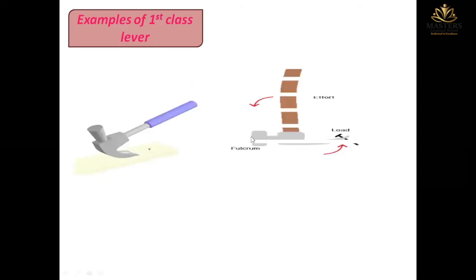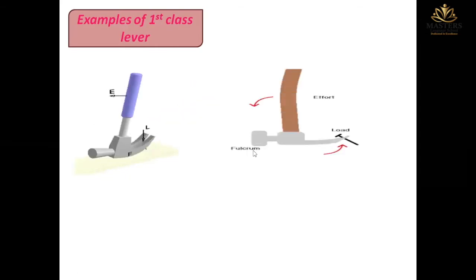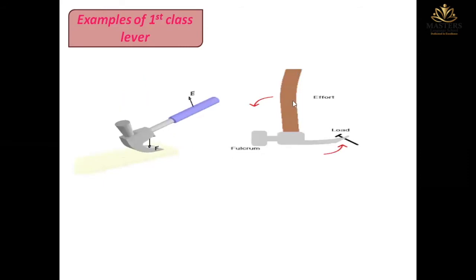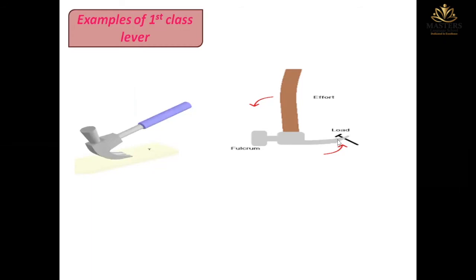From the examples of the first-class lever, the hammer claw. Let's see, this is a fixed point O, the fulcrum, between the effort force done by the person who holds the hammer, and the resistance force which results from the weight of the nail that we want to move.